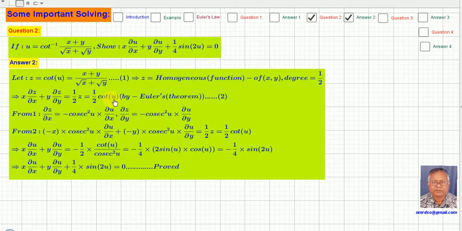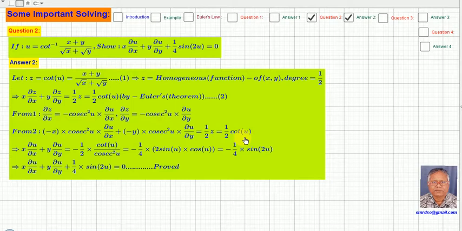Now let us find out del z del x from this expression. Del z del x is equal to minus cosec square u del u del x. Del z del y is equal to minus cosec square u del u del y. So from equation number 2, putting the value of del z del x, you will get minus x into cosec square u del u del x plus minus y into cosec square u del u del y is equal to 1 by 2 z is equal to 1 by 2 cot u.